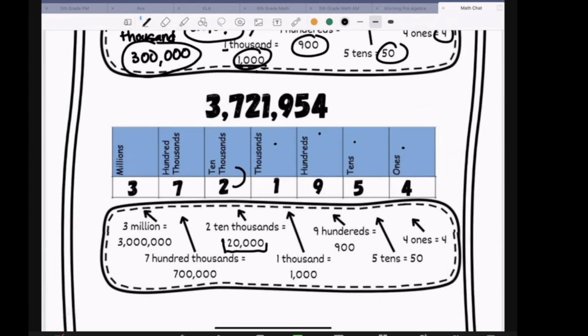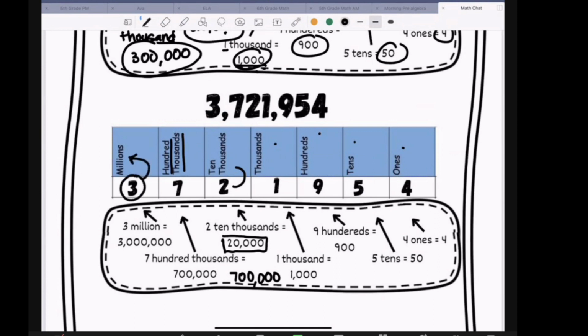That's worth 20,000. Then we have a 7, so we're going to do 7 times 100,000. So you've got to put the thousands on the end of it, right? So 700,000. And this right here is worth 3 million.